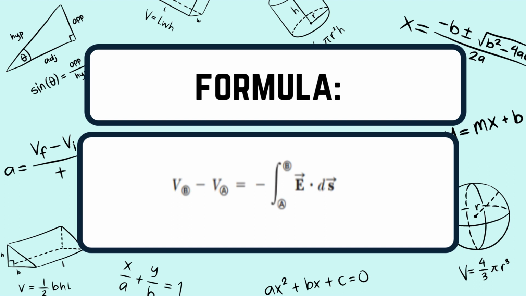Finally, ds is the differential displacement vector along the path. This expression represents the potential difference between points A and B. The potential difference is calculated by integrating the electric field E with respect to the displacement ds along the path from the point.